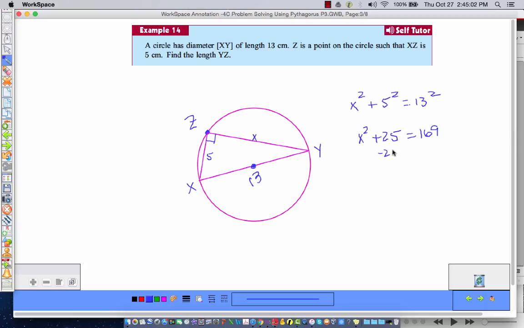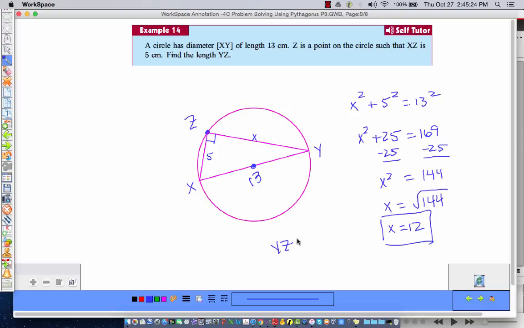If I subtract 25 from both sides, then 144 is equal to x squared, and I take the square root of both sides. I get x equals the square root of 144, or x is equal to 12. Okay, so YZ then is equal to 12.